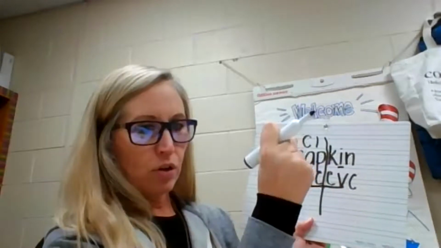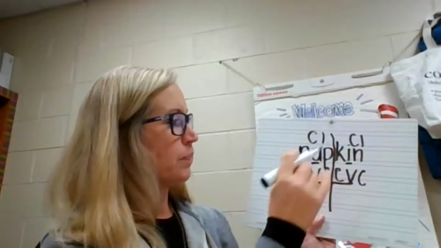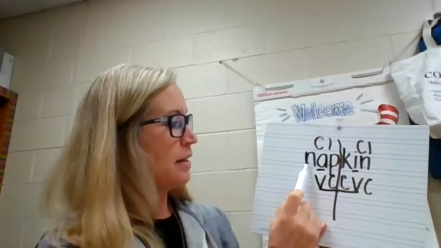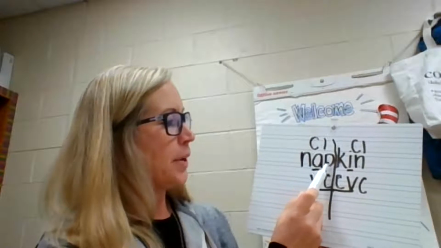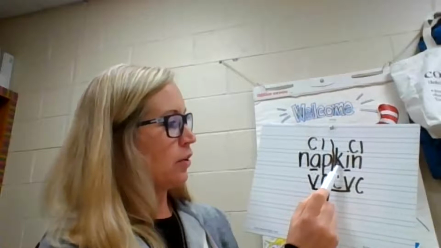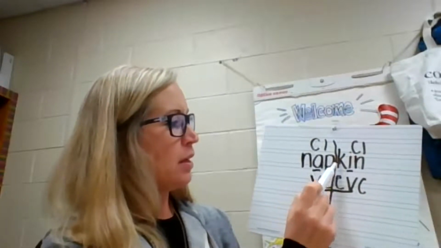So again, I have a closed syllable, so I can mark that as a closed syllable. Now I know how to read a closed syllable. I can sound it out. N, ap, nap. Now I can read this part over here. K, in, kin. My word is napkin, napkin.